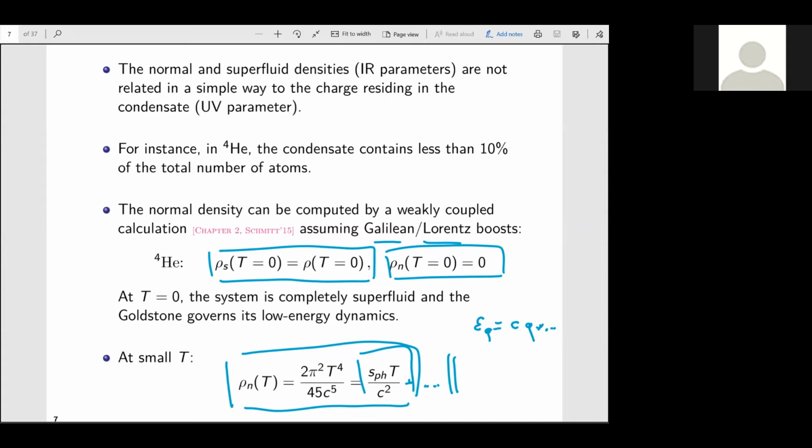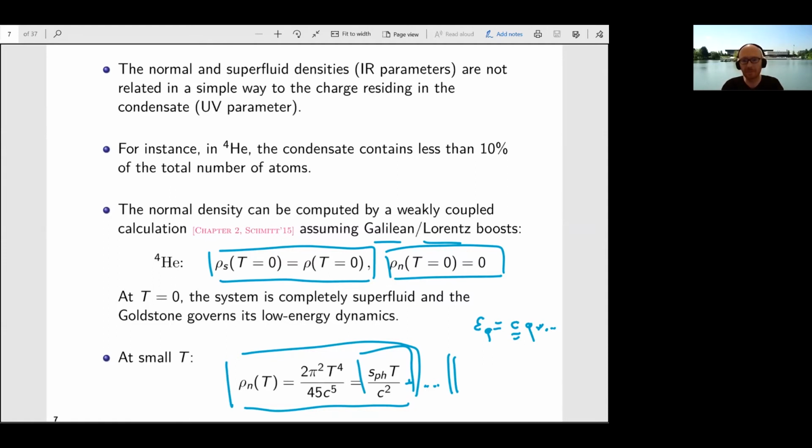And then you just compute the pressure using Bose statistics, the entropy from the pressure, and then the normal density from the superfluid hydrodynamics. So you just solve integrals of log of 1 minus e to the minus epsilon over kT, etc. But you assume that there's this C here.